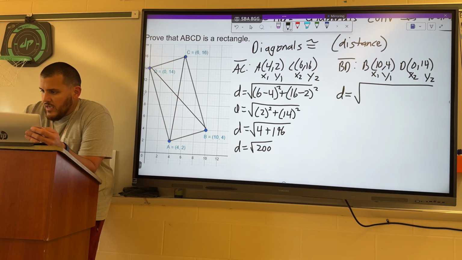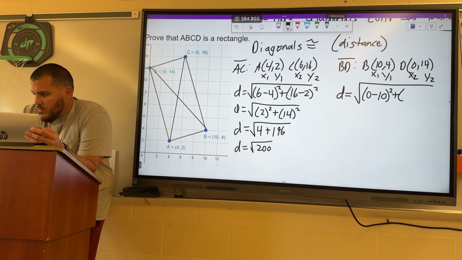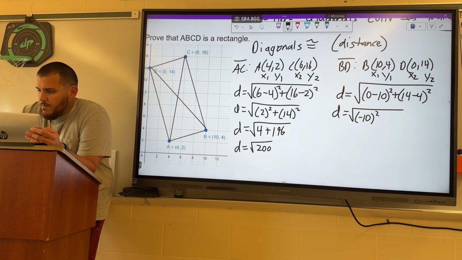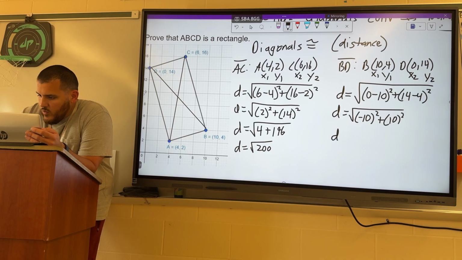The square root of x2, which is 0, minus x1, which is 10, squared, plus y2 minus y1 squared, 14 minus 4 squared. 0 minus 10 will give me negative 10. 14 minus 4 gives me positive 10. Squaring both of those gives me 100 each.